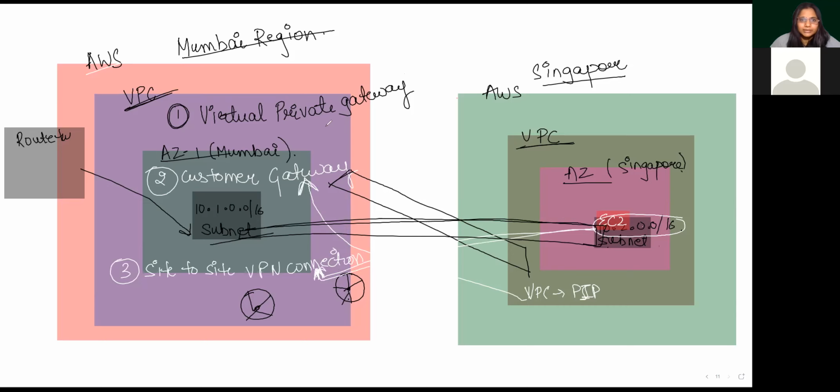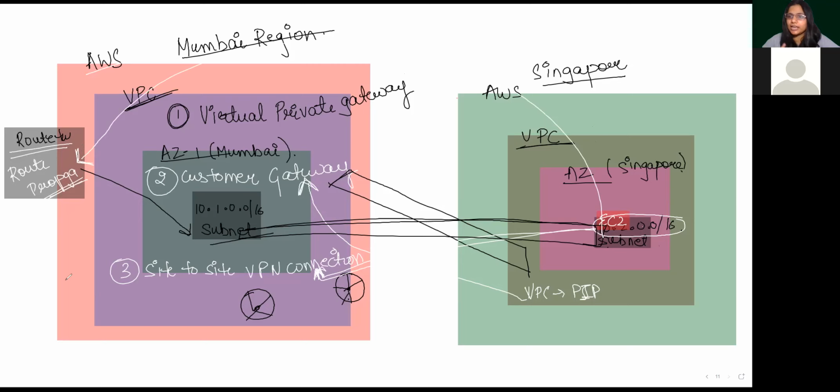Then the last thing, in the routing table, you have to allow route propagation. As soon as you enable the route propagation of this routing table into this routing table, our routing tables will be connected.